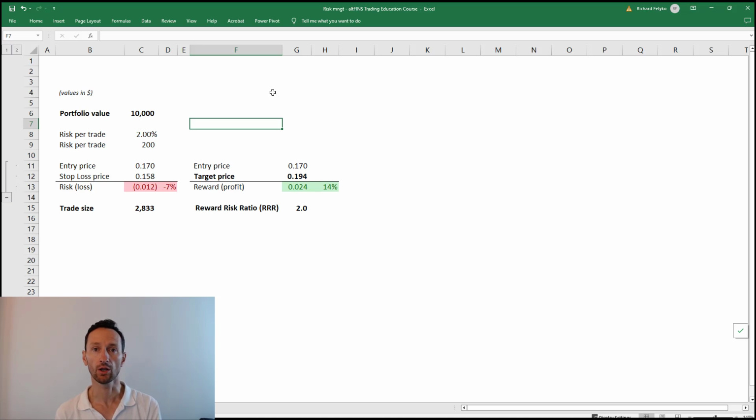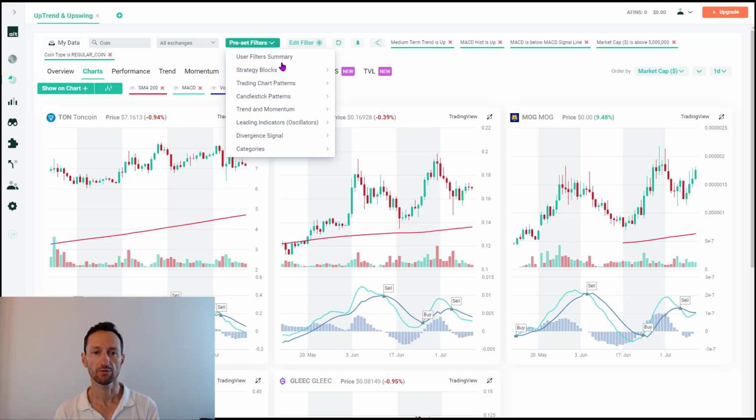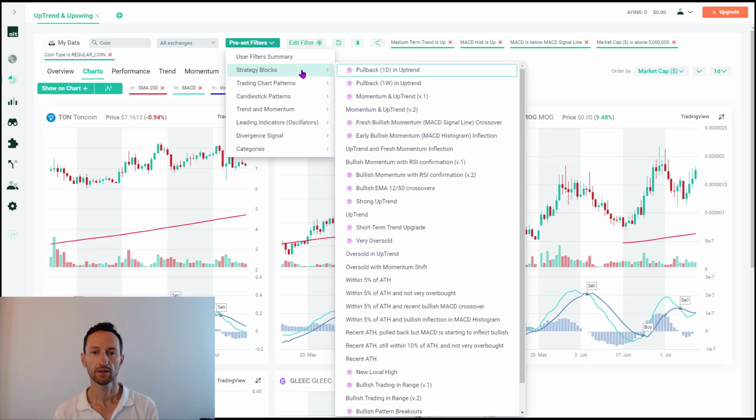You don't want to go all in on one trade. You don't want to have a few big trades. You want to have many small trades, because trading is about statistics, and we need to do a lot of small trades for the statistics to demonstrate themselves. Having covered that, this is a very powerful way to find some trading ideas.